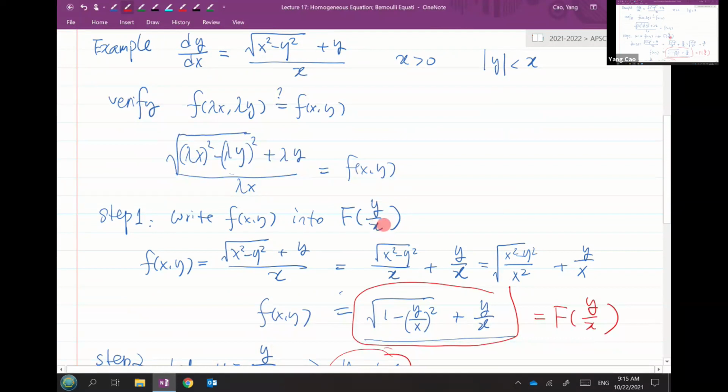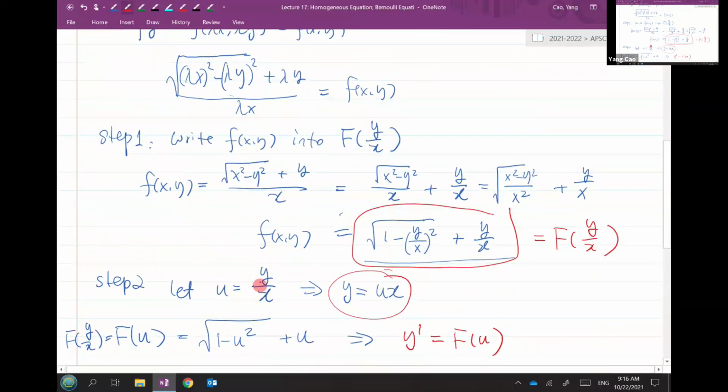Just manipulate, and you can rewrite it into a function of y over x, and then you let u equal to y over x. Your original first order differential equation can be transformed into a separable first order differential equation in terms of u. You use the typical approach learned for first order ODEs to solve for u. Once you get u, you get y automatically. So that's the approach for this type of equation.